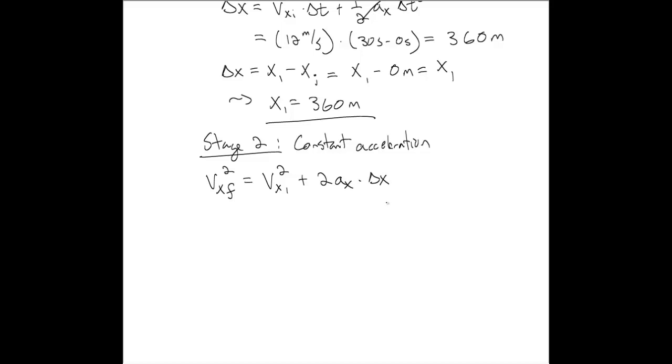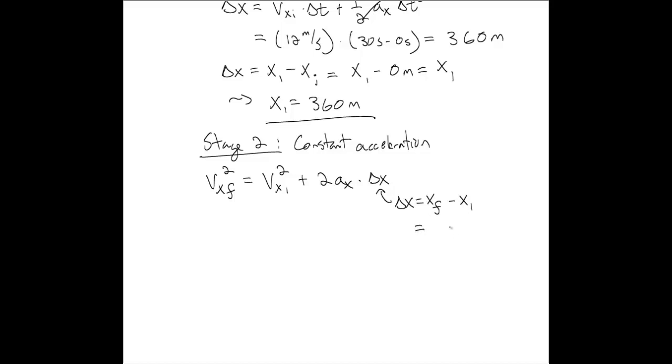during this stage. Now let's say something about this delta x, this change in position for stage 2. What this means, as usual, is the final position for this stage minus the initial position for this stage. But stage 2 actually starts at this position x1. So delta x is really xf minus x1, rather than xf minus xi.